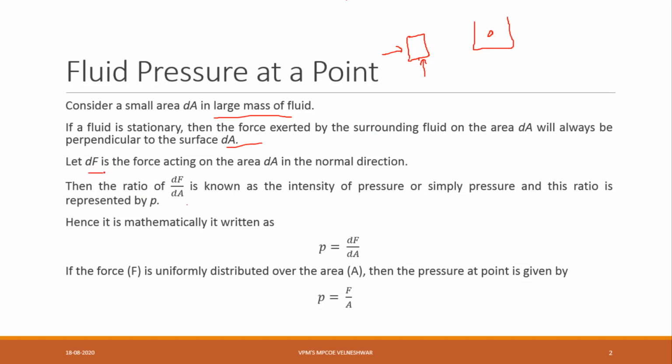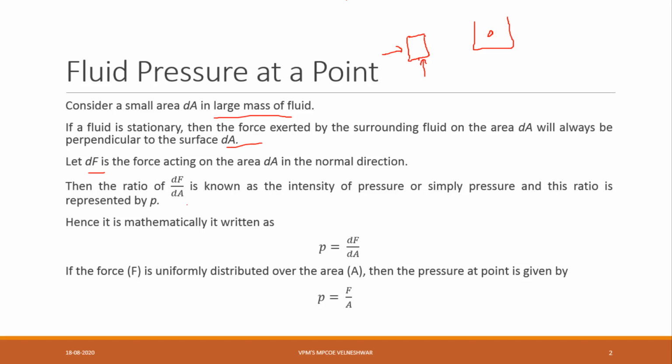If dA is the area and dF is the force, then the ratio, for suppose I want to lift this object, obviously I require force. If I am applying some force, first of all I have to know the area of this object. What is the area of this object?